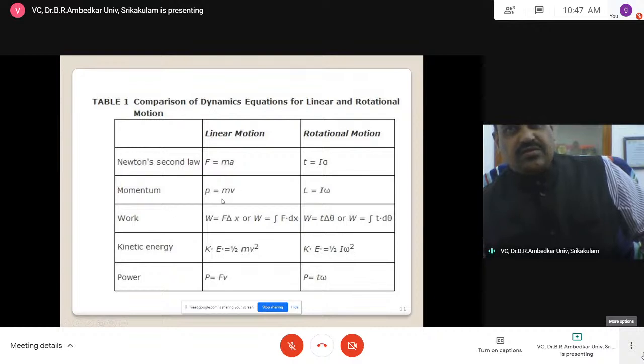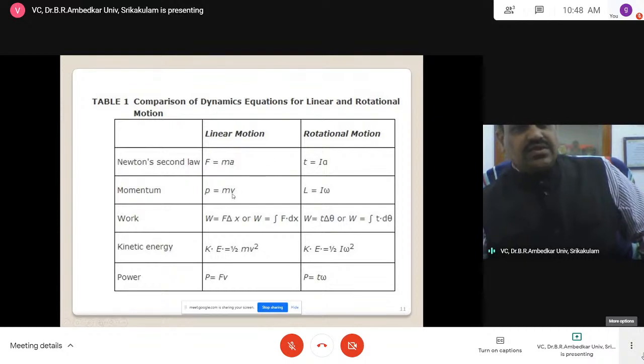Newton's law can be represented as the rate of change of momentum. m x double dot, where x double dot is d square x by dt square. If mass is constant, this can be written as d by dt of m into dx by dt. Acceleration is d square x by dt square, so d by dt you can separate outside: m into dx by dt, and dx by dt is velocity, so mv.